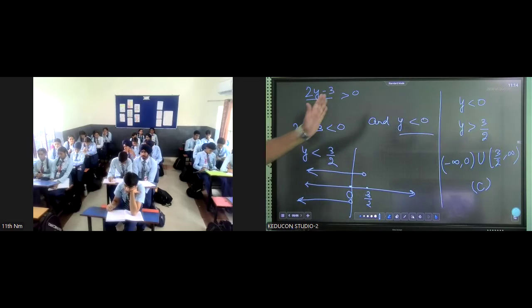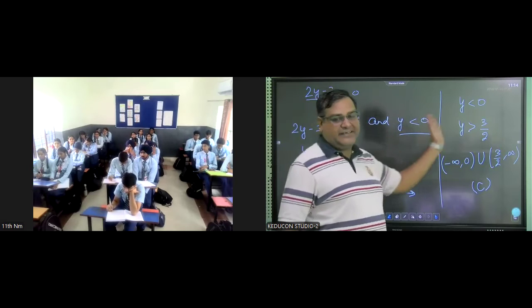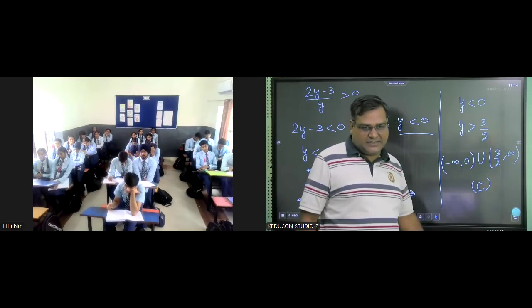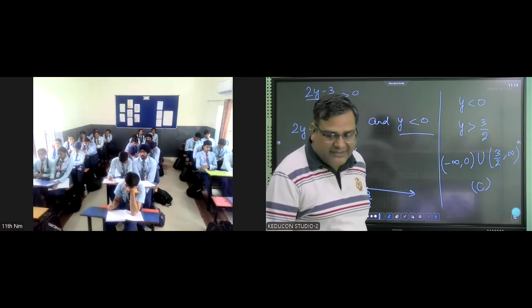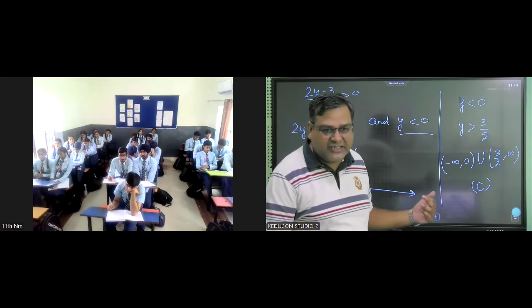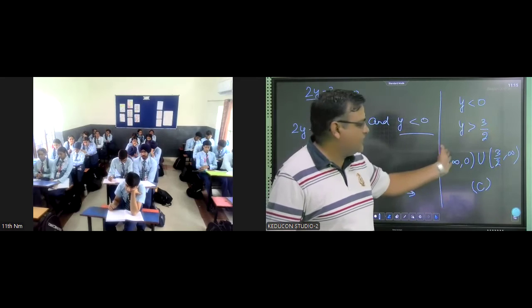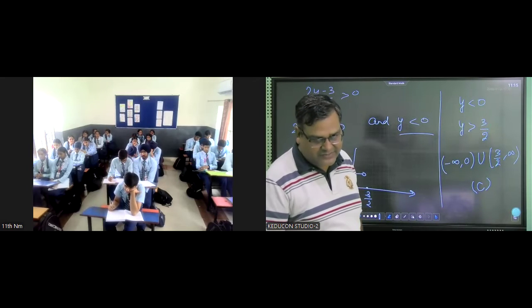So less than 0 and greater than 3 by 2. So when you combine this, this will be the answer, right? Either the value of y, that is the range, should be less than 0 or greater than 3 by 2. That will be the result of this.